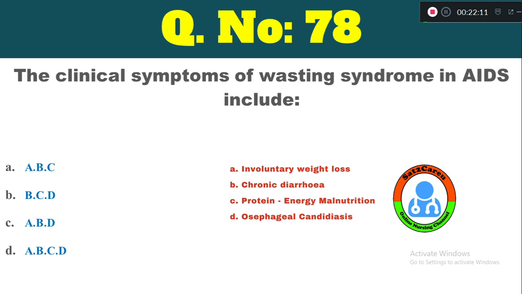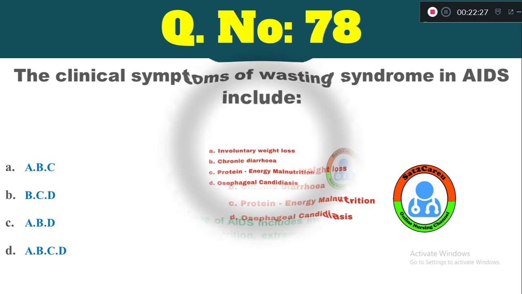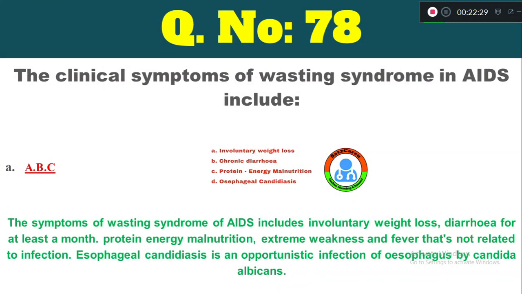You have the options: option 1, ABC, option 2, BCD, option C, ABD, option D, ABCD. So choose from this the symptoms which are included under wasting syndrome. The right answers are, let's see the right answer. So we have three.